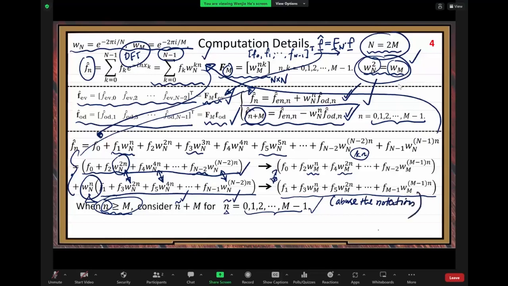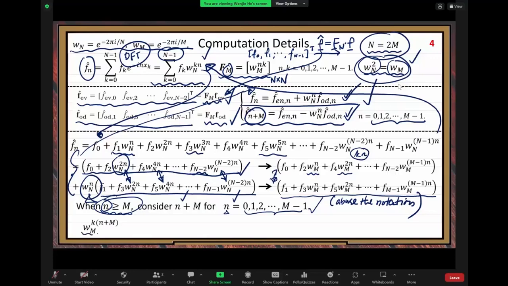We abuse that notation, so we still use that little n. So we go back, and we still use that little n.